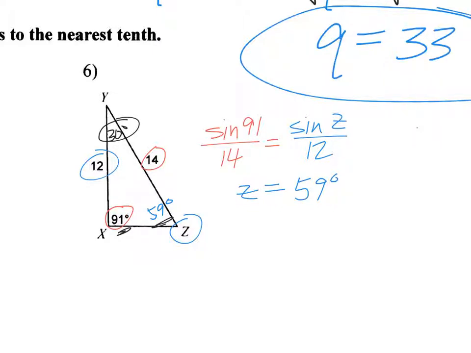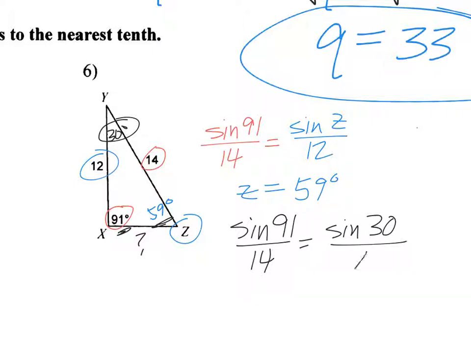Now what I have to find is this missing side. So again, I'm going to use law of sines. So I'm going to say sine of 91 over 14 equals sine of 30 over, that would be side y, since it's across from angle y.